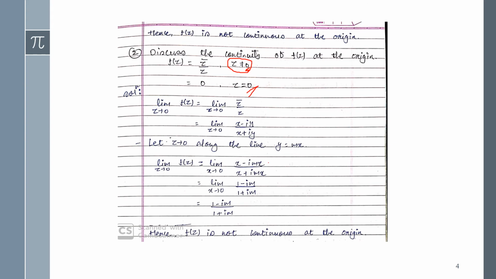Again from the numerator and denominator x will cancel, so the remaining term will be 1 minus im upon 1 plus im. And again you are getting a term that has no x.